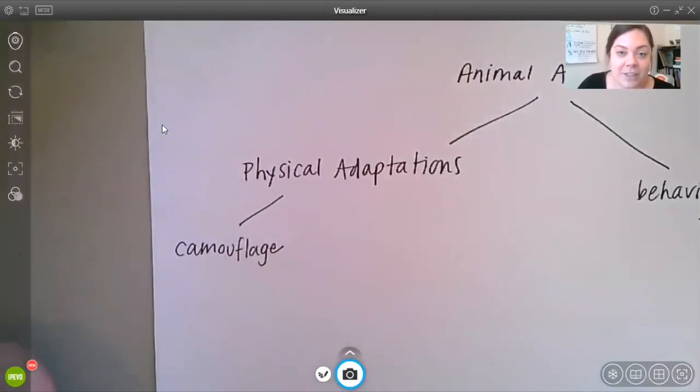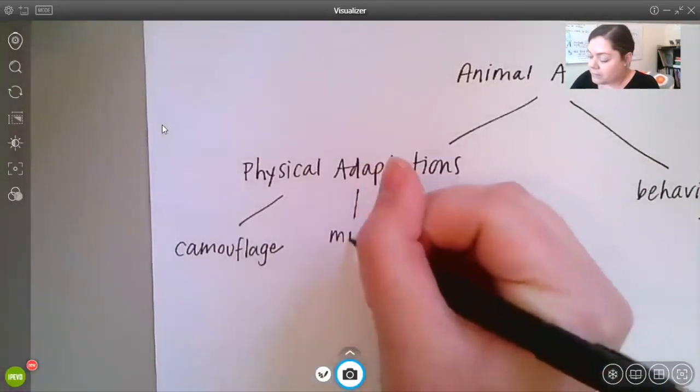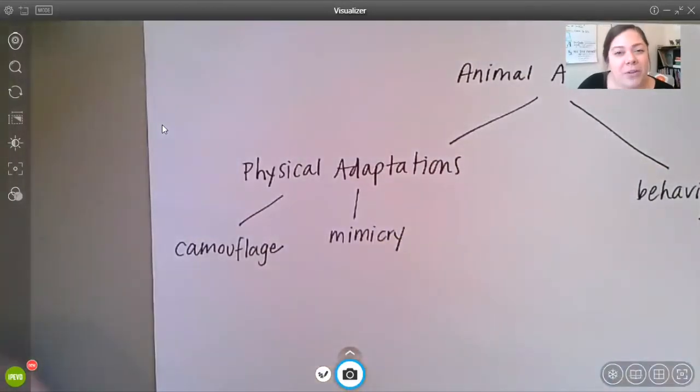Another physical adaptation is called mimicry. Mimicry is when an animal pretends to be like another animal in order to survive. For example, a viceroy butterfly has adapted to look a lot like a monarch butterfly.